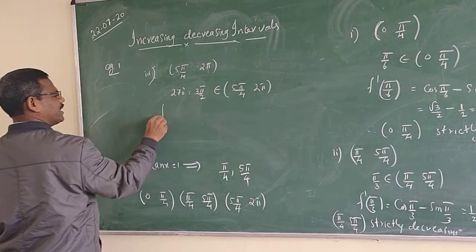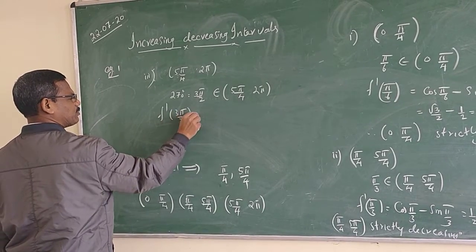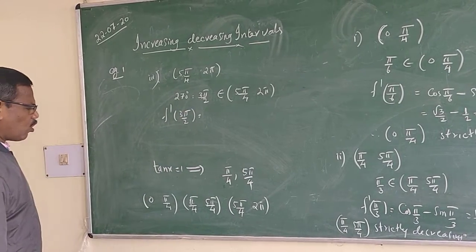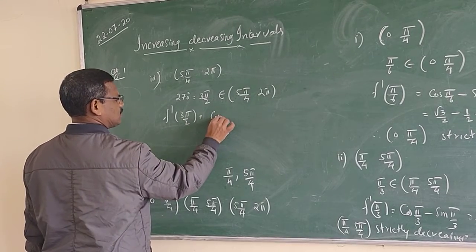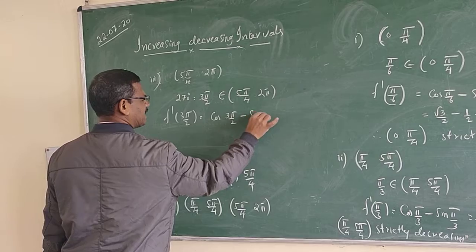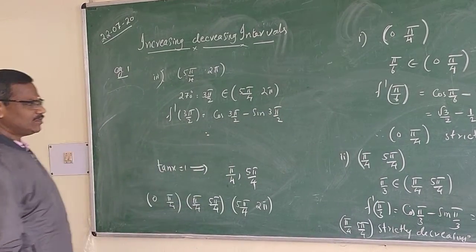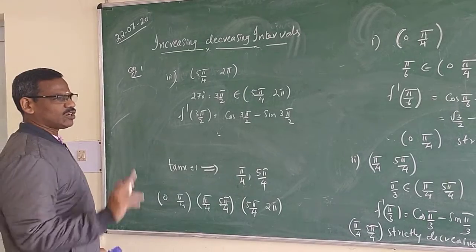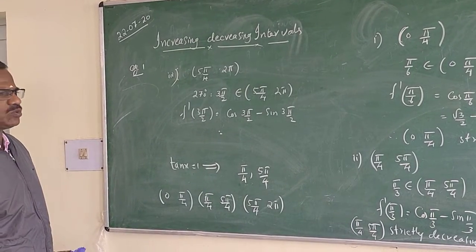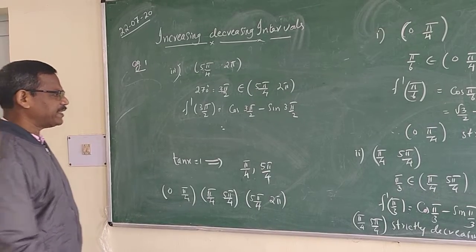And what is f dash of 3 pi by 2? That is f dash of 270. Cos 3 pi by 2 minus sin 3 pi by 2. Cos 0 is 1, cos 90 is 0, cos 180 is minus 1.